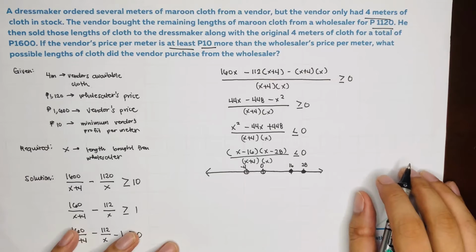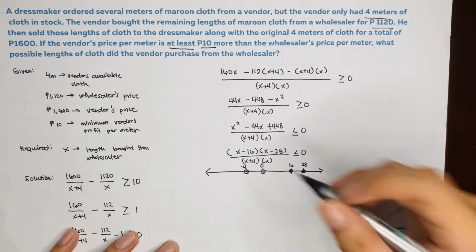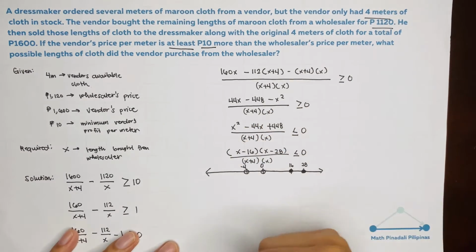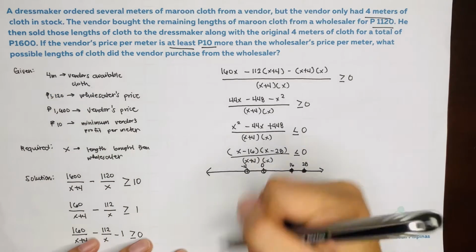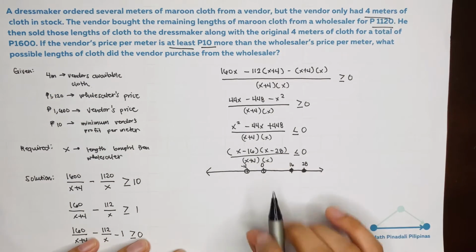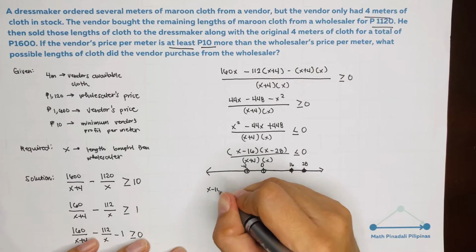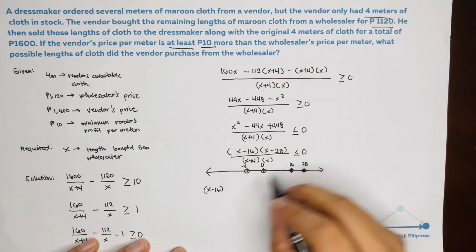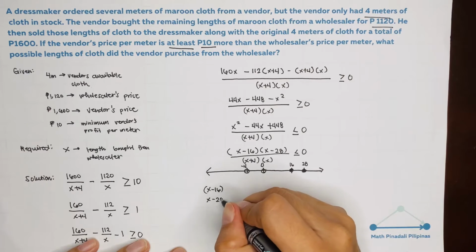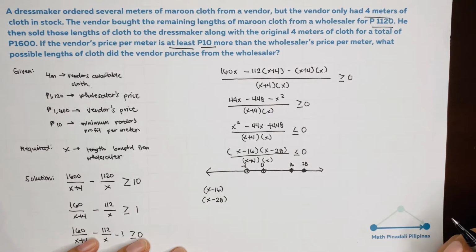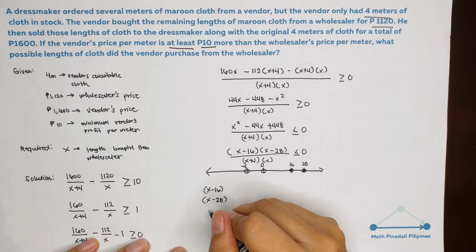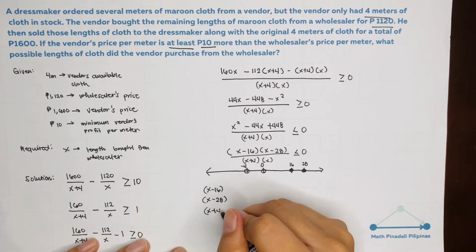So, to make up sign table, lagay lang natin lahat sa row, sa left, sa first column natin yung mga numbers natin. So, we have x minus 16, yung mga factors natin. Then, we have x minus 28. Okay. Then, we have x plus 4.